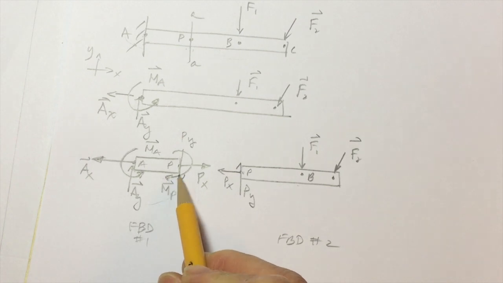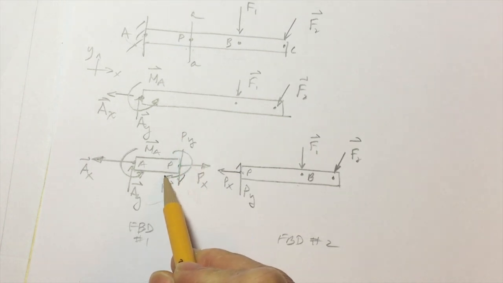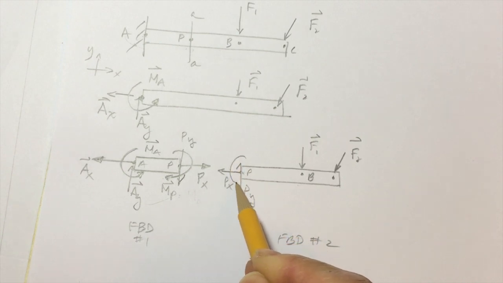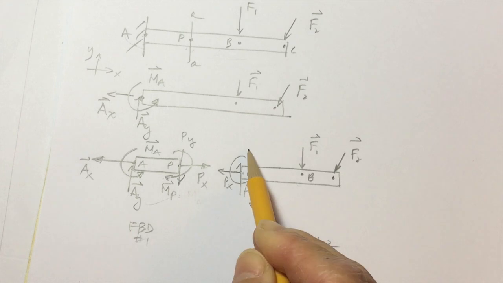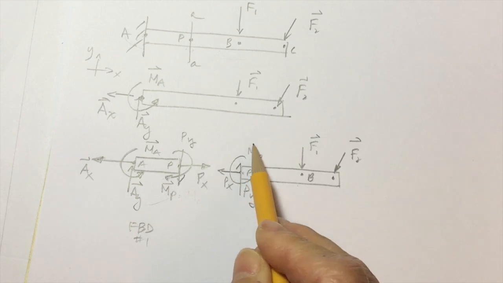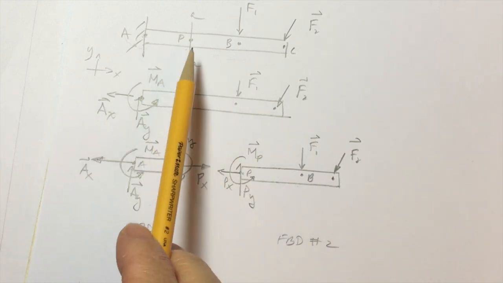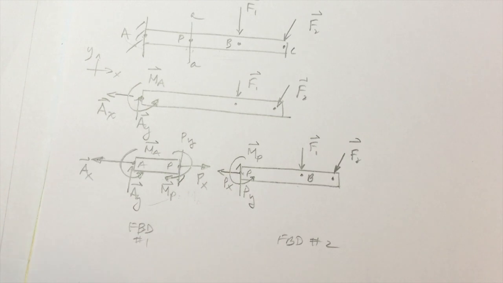Equal and opposite to this moment in the clockwise direction must be equal and opposite to this moment P. So here we have two free body diagrams that resulted from one beam.